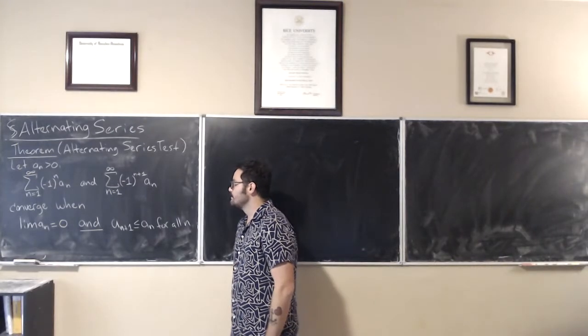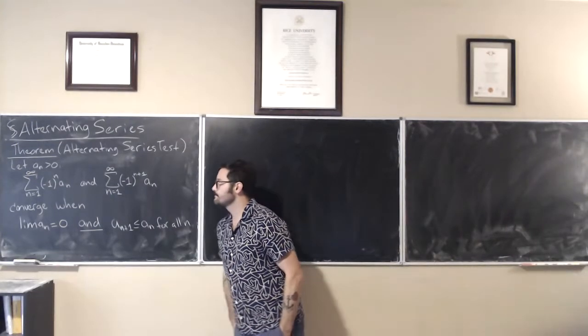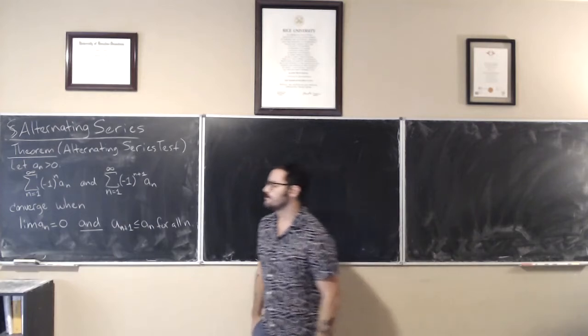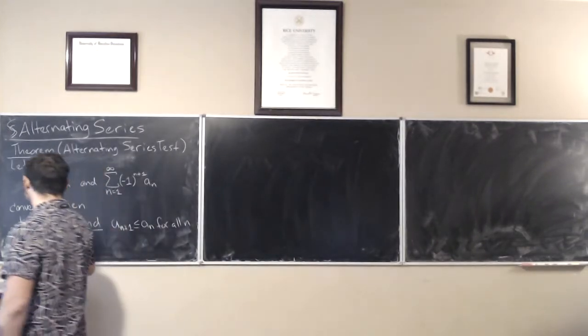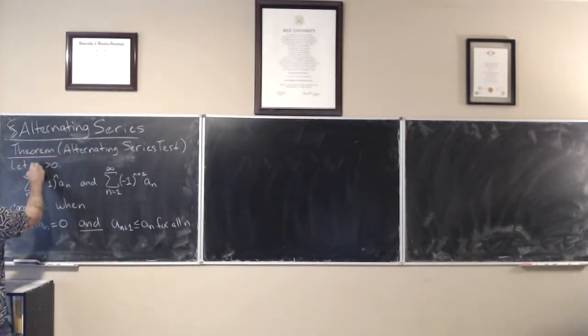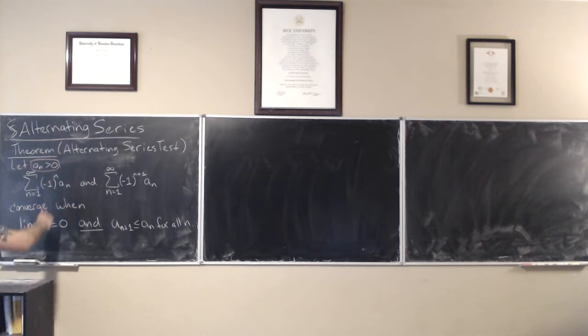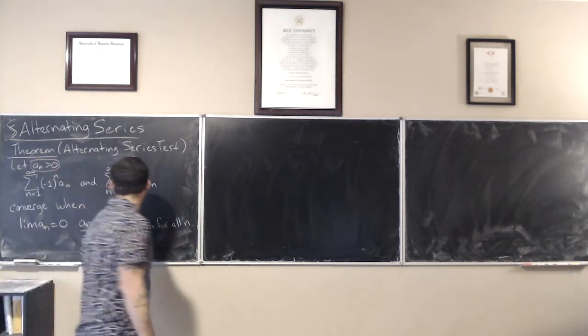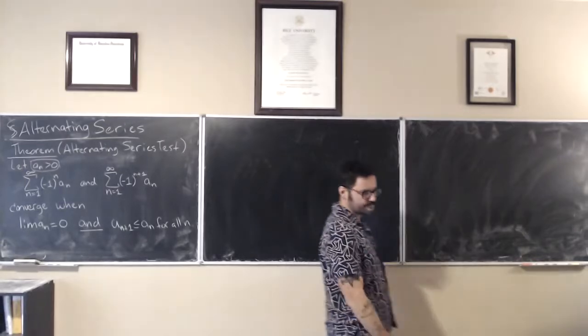So we will start with the following theorem. If we have an alternating series, here are the important parts. The terms a_n here have to be greater than 0.